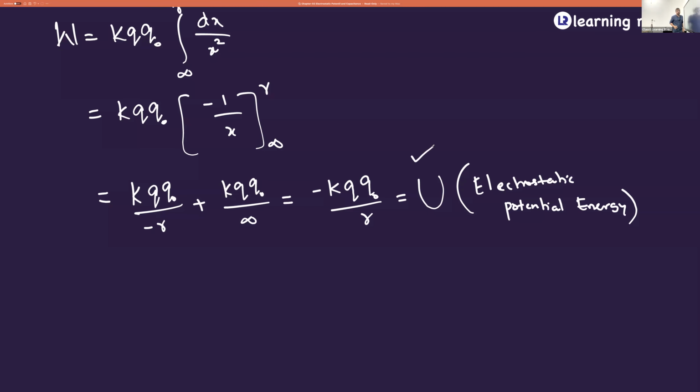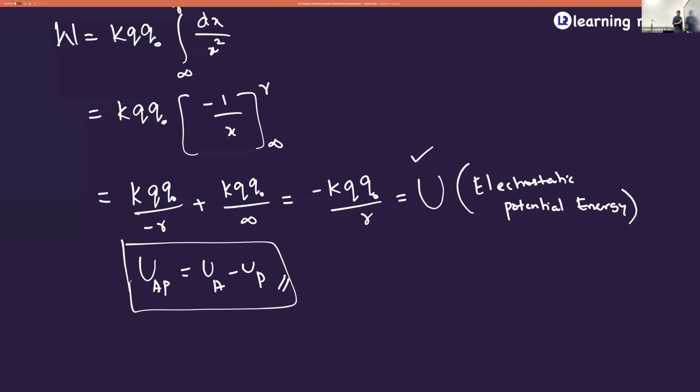When you speak about absolute potential energy, the object is moved from infinity to a point. Whereas when you speak about potential energy difference, you calculate it as UA minus UP. So this is potential energy difference. If you take one of the points to be infinity, then it will change accordingly.